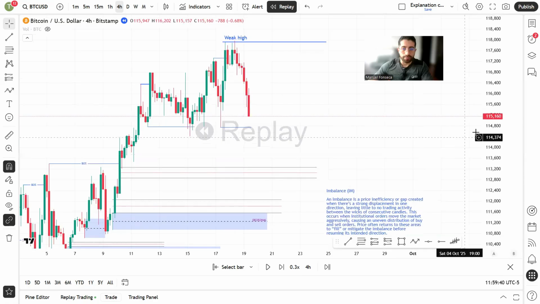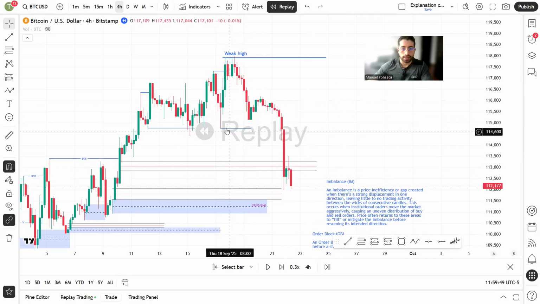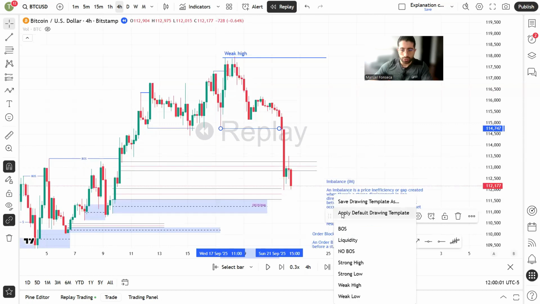Now we're going to wait and see if the price makes the range ending. It did it. It did a range ending right here. Perfect.